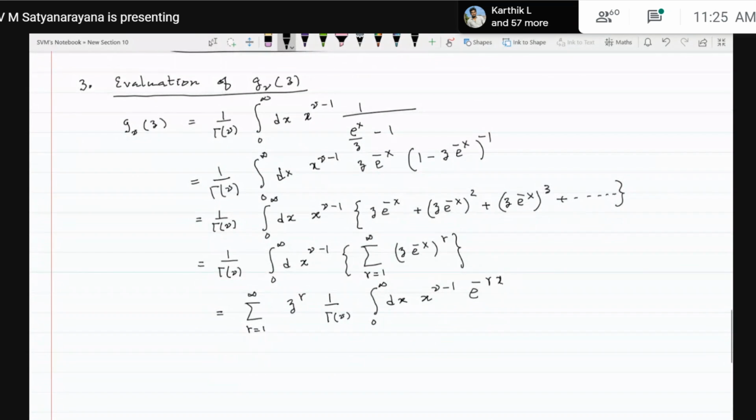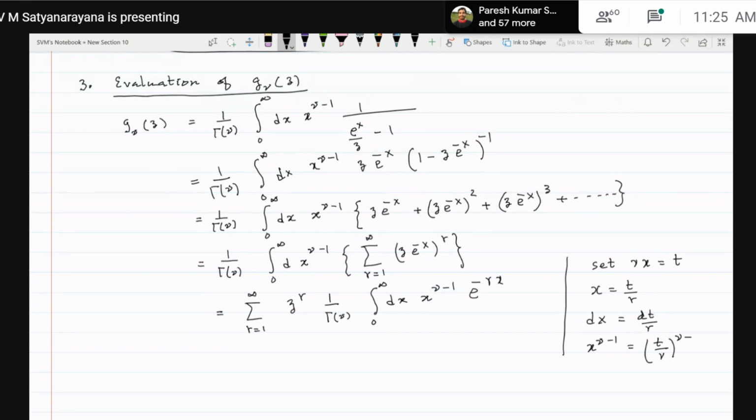So to do this integration, let's set r into x as some t. Then x becomes t divided by r, and dx is equal to dt by r. So x to the power mu minus 1 becomes t by r to the power mu minus 1.